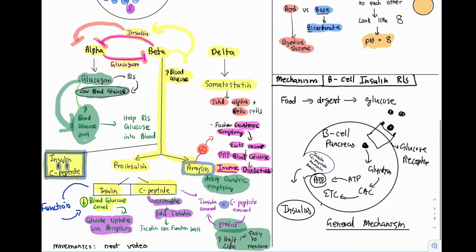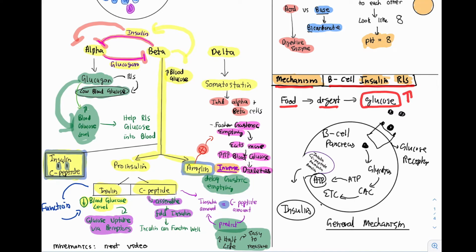Before I end, I'm going to talk about the general mechanism by which the beta cells secrete insulin. First, we eat the food, and that is broken down, and it causes an increase in blood glucose level.